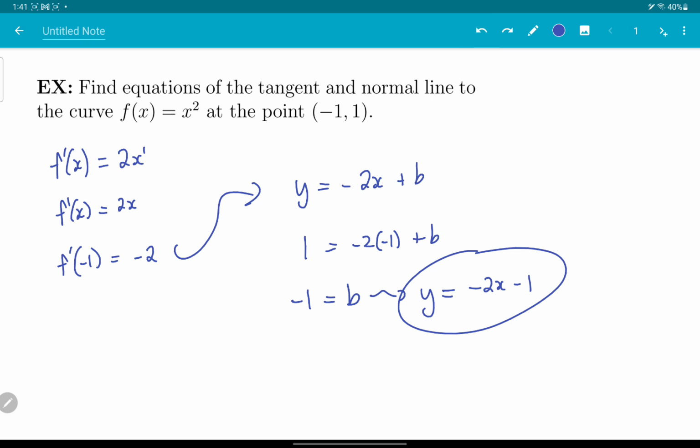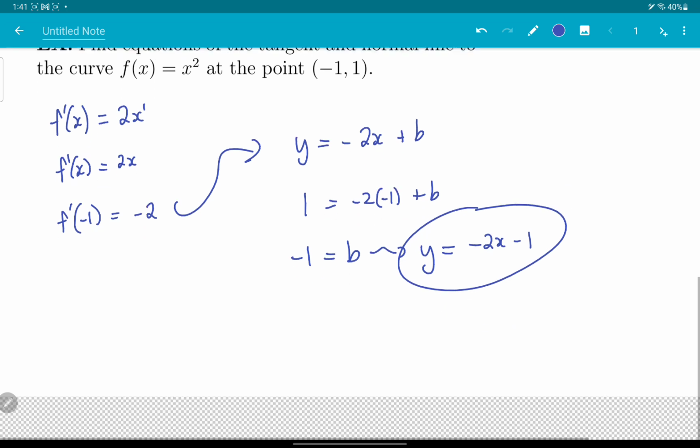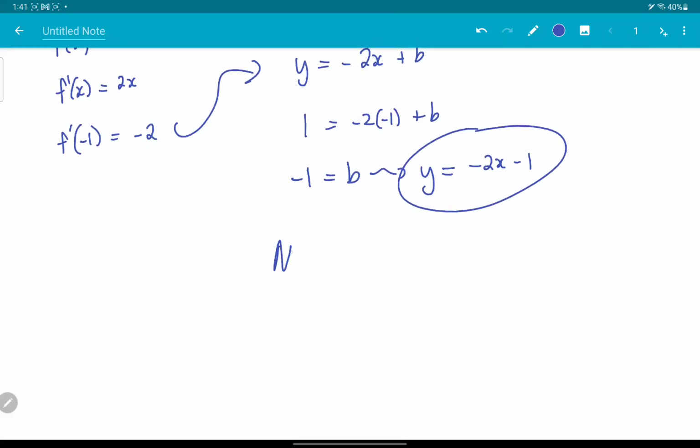Now the normal line, what you want is the line that goes through this tangent point, but is perpendicular to this line here. So normal line. So I want the perpendicular slope.